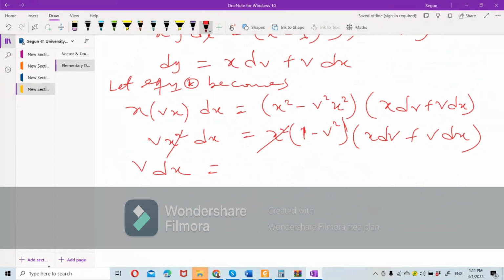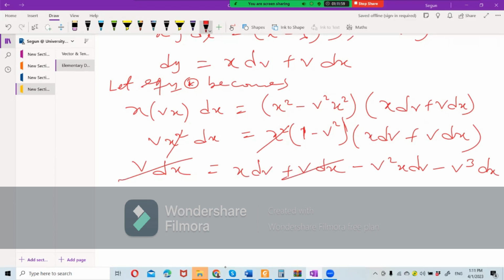So I will have 1 multiplied by this, I will have x dv plus v dx minus v squared x dv minus v cubed dx.